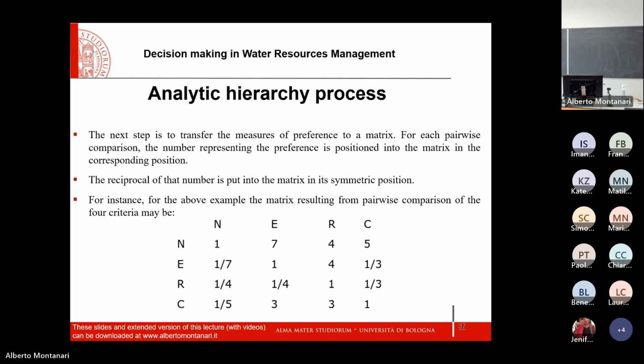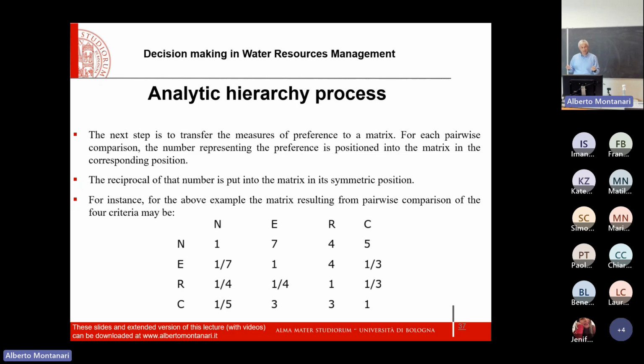Basically, when I make this comparison, I have to try to remember the result of the previous ones in order to make sure that everything is consistent. This is very complicated, because if you have like 20 criteria, it's very complicated to keep track of the previous steps.